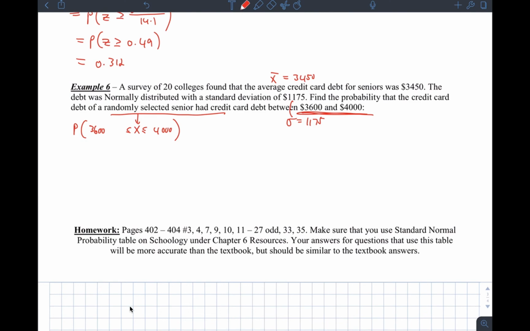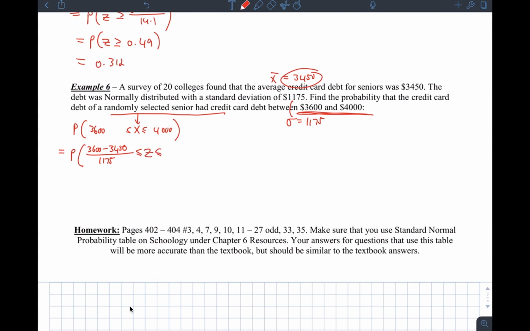And what we're going to do is standardize both of those numbers at the same time. So we do this and we say 3,600 minus the mean that they gave us. The mean they gave us is 3,450. So 3,600 minus 3,450 over 1175, which was the standard deviation. And once I standardize, this turns into a z-score, okay?